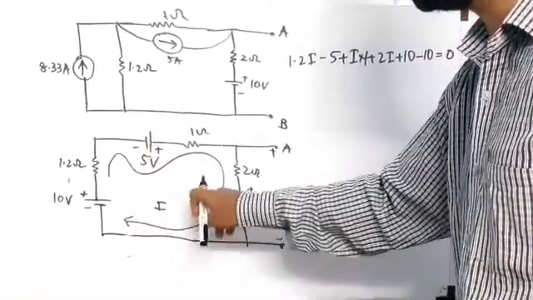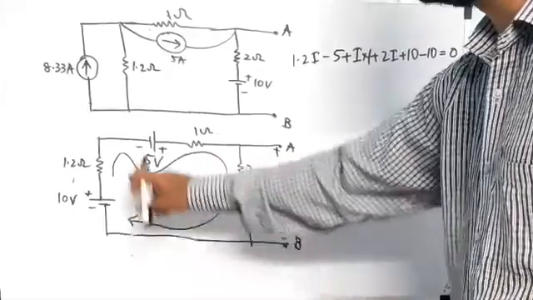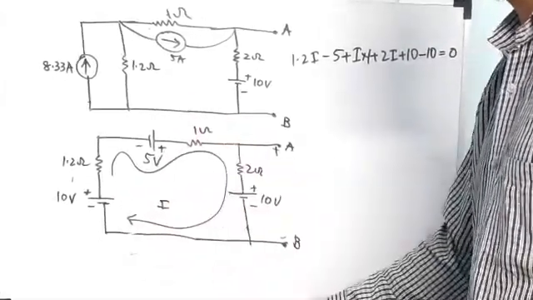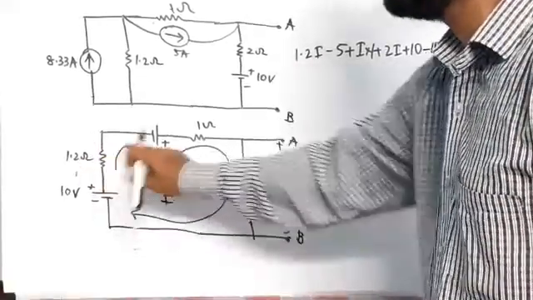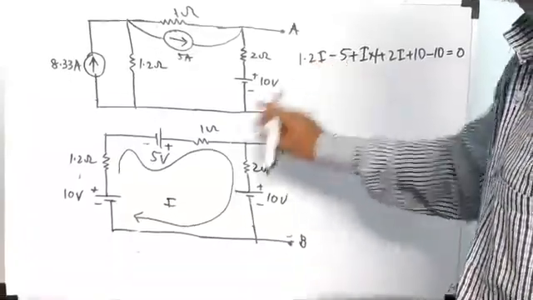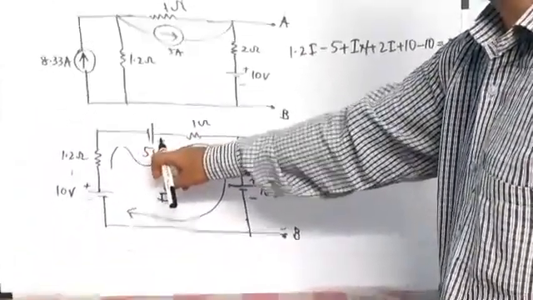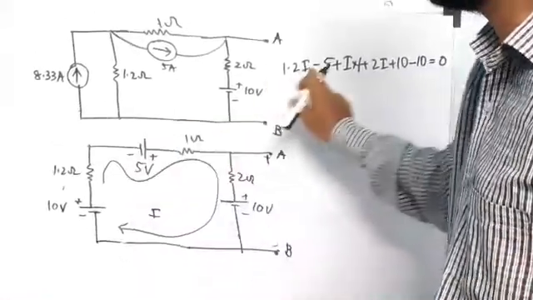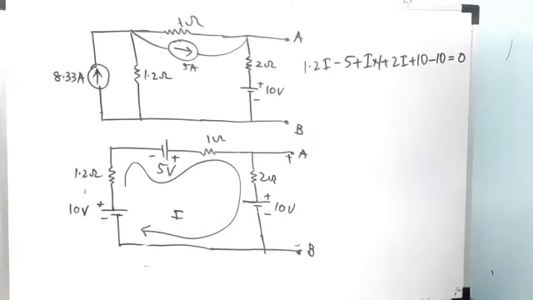If you go in the opposite direction, you have to change everything. Always I will go through the direction of current, so I will take a positive. So 1.2 ohm into I. Next, here first a negative polarity of voltage is coming. If it is a positive polarity, you write plus. If it is a negative polarity, you write minus.